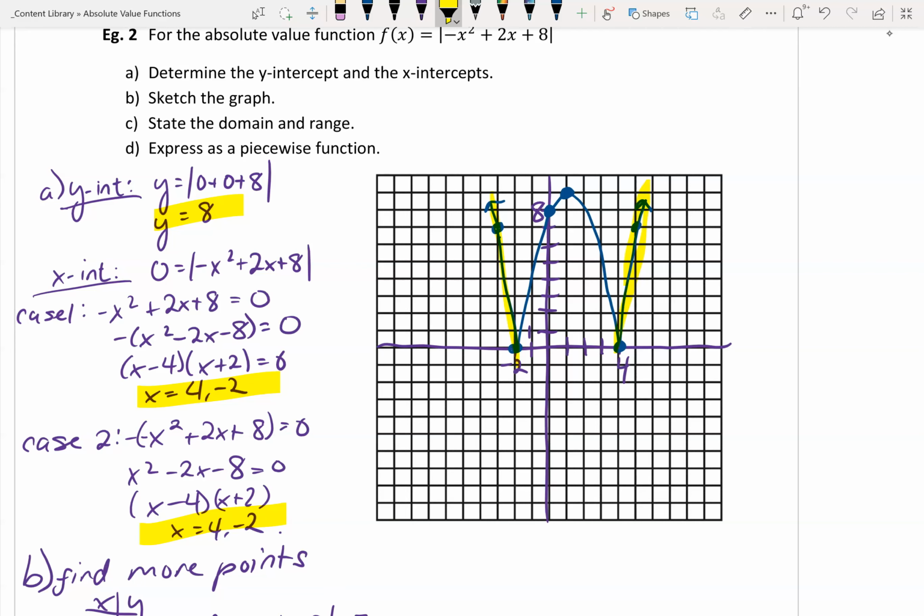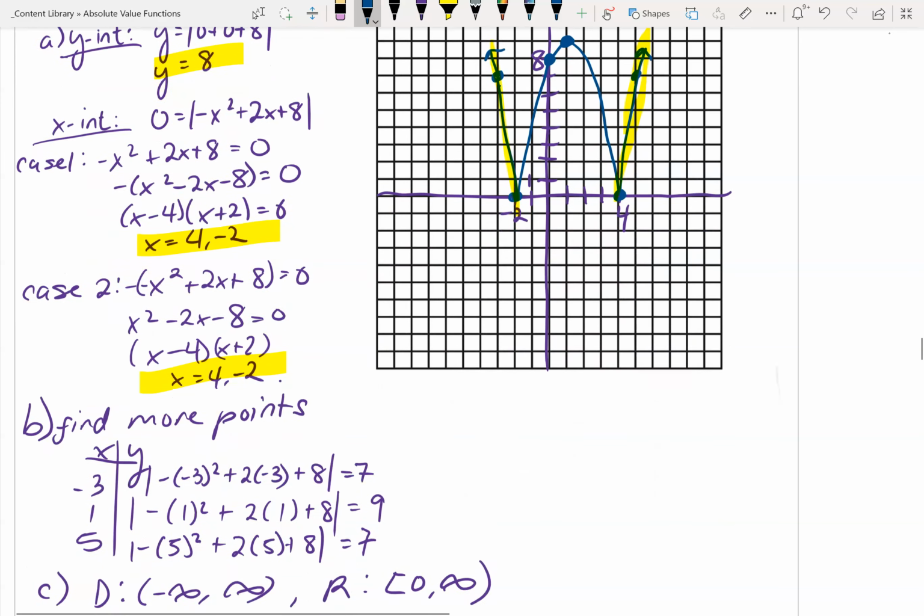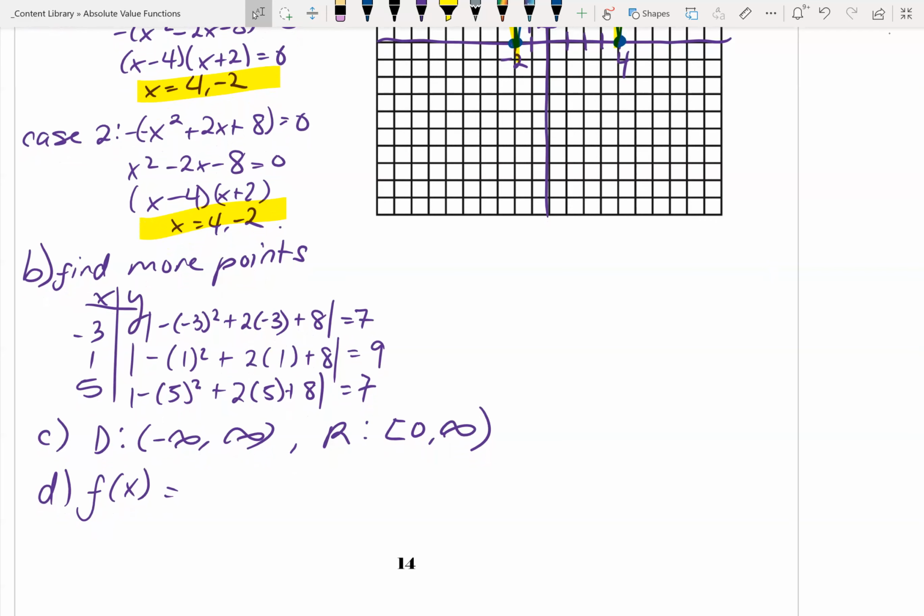This has a positive value in front of the x squared, which means we have the right side up quadratic. So when I'm writing out our piecewise function, we're going to have negative x squared plus 2x plus 8, which is on the inside of our absolute value. And the other one's a negative x squared plus 2x plus 8.